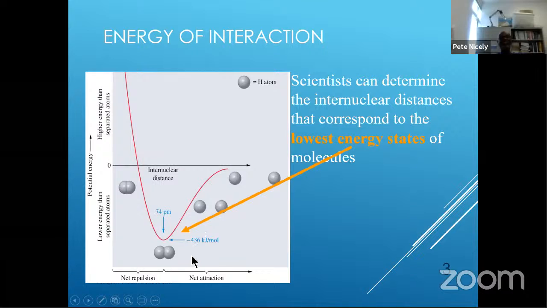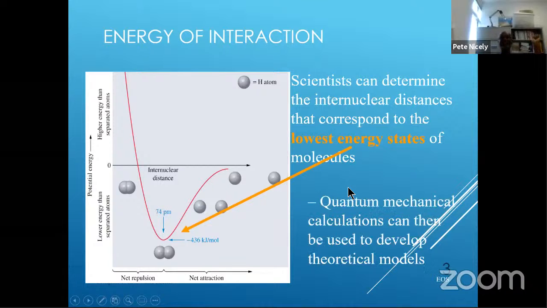In the case of hydrogen, that energy has been determined to be equal to minus 436 kilojoules per mole, right? So that's the energy here below the 0 point. What that means is that in order to break apart the molecule to form the separate atoms, you're going to need 436 kilojoules per mole of energy. That energy is called the bond dissociation energy, and we're going to talk about that in more detail shortly, all right?